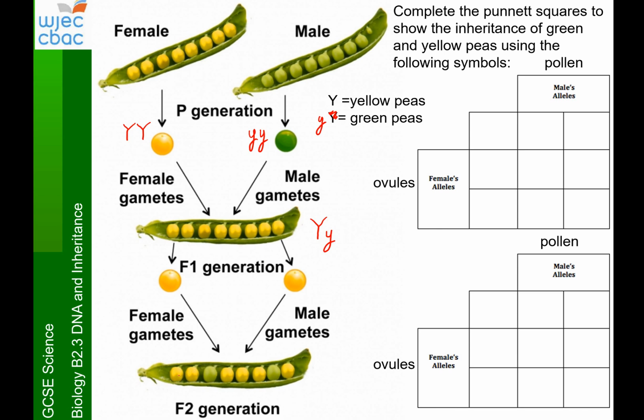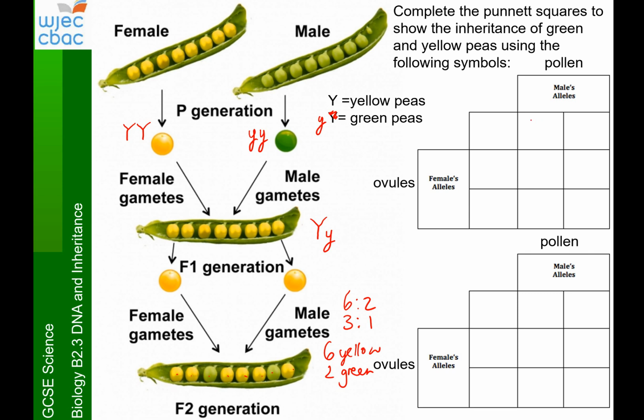And then these are crossed together, and if we look, we've got 1, 2, 3, 4, 5, 6 yellows and 2 greens. And if we look at that 6:2 ratio, if we simplify it, it's actually a 3:1 ratio. 3 yellow peas for every 1 green pea. So pause the video, see if you can fill in the Punnett squares, and then when we restart it again, you will have the answers there for you.